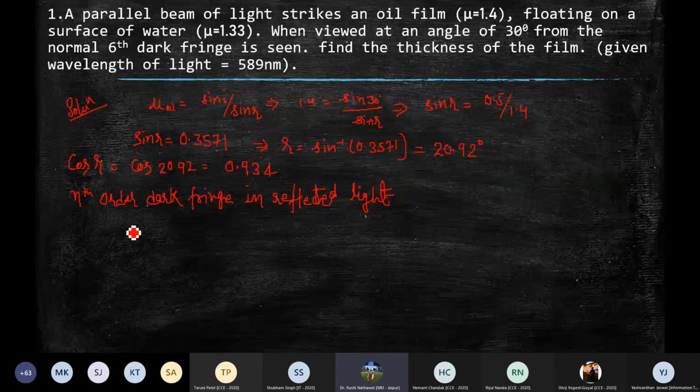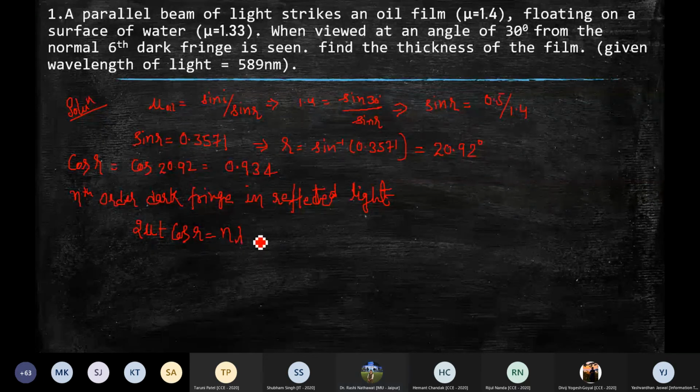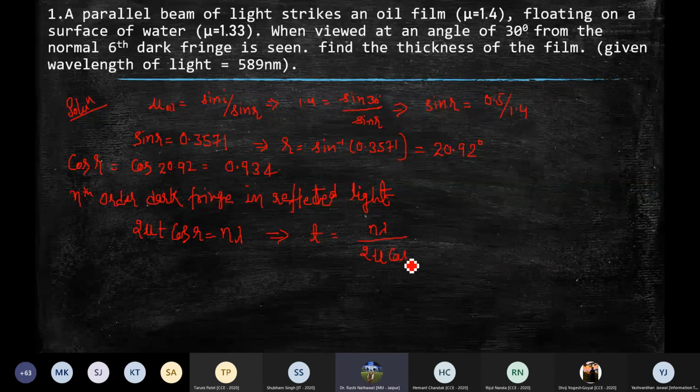So we have the condition 2 mu t cos r equals n lambda. So t will be n lambda over 2 mu cos r.